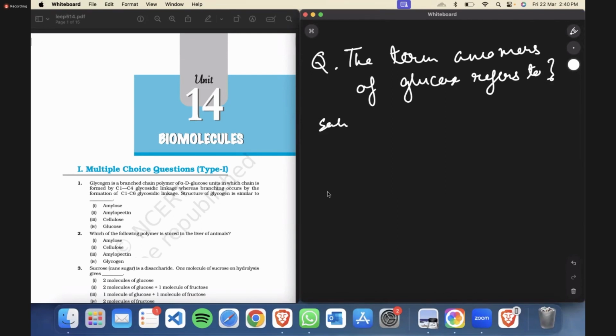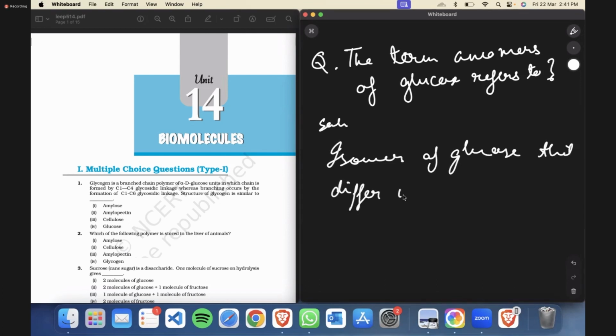So the carbon atom at position 1 is anomeric. So the solution is: isomers of glucose that differ in configuration at the C1 carbon.